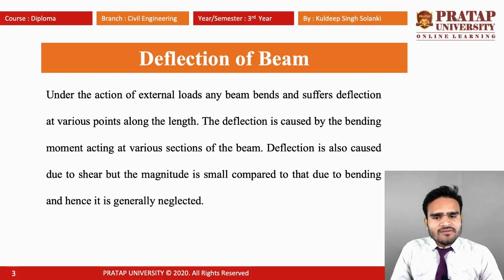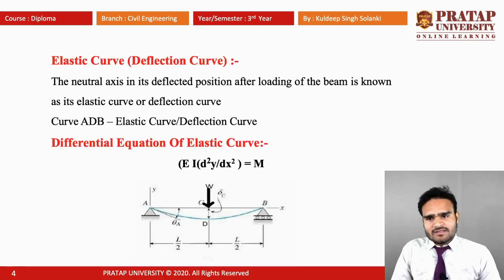So we can neglect the deflection due to shear force, and we will consider the deflection due to moment. Clear? Deflection due to shear force is very small compared to bending deflection, so it can be neglected.